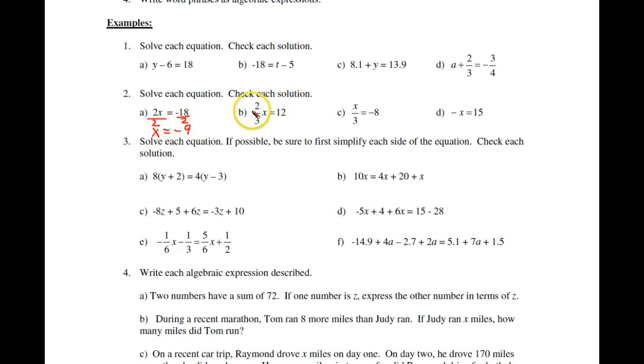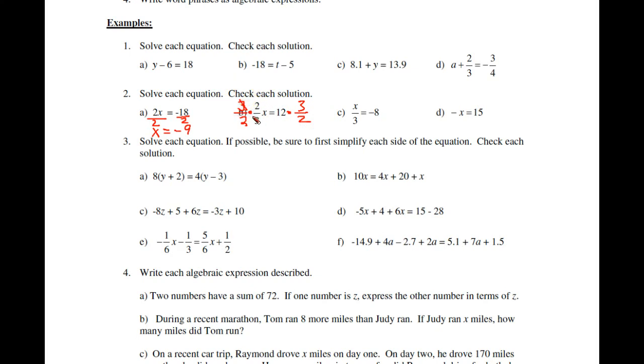Now here we're going to go into our box of tools. We want this to be a 1x. So when we have a fraction like this, how do we make this fraction a 1? Well, the answer was to multiply by its reciprocal. But if we do that to this side, we must do this side too.